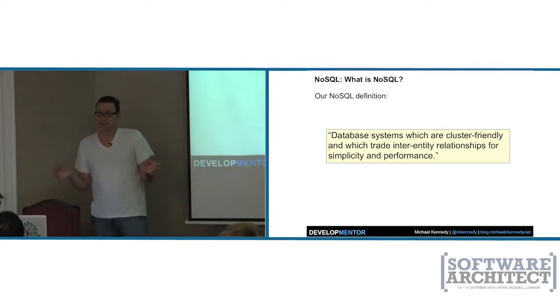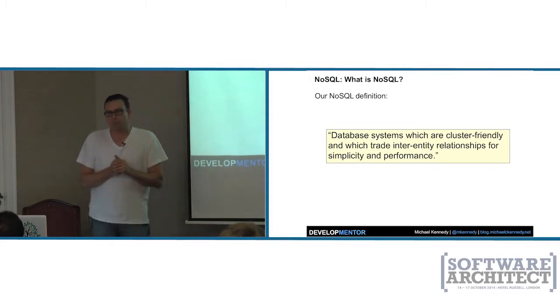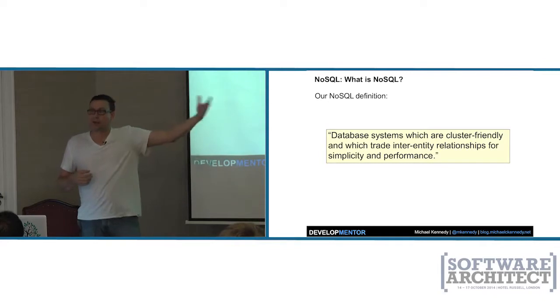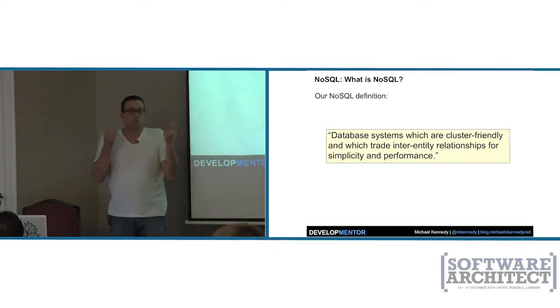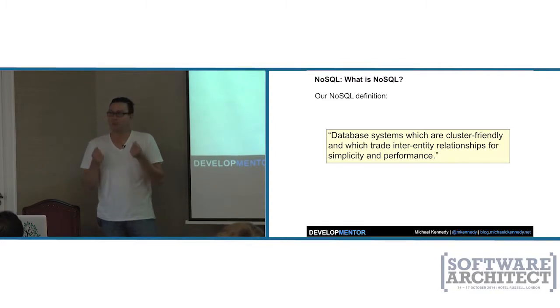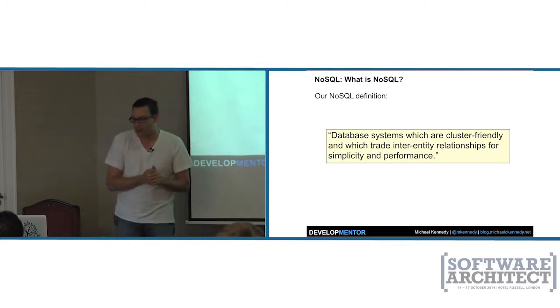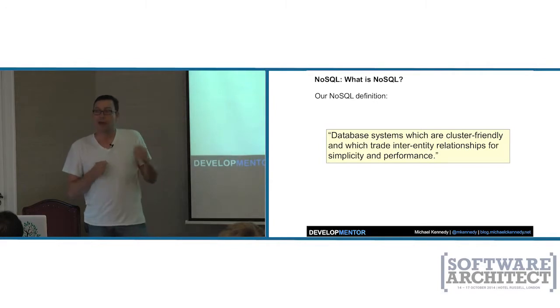With relational databases, you can do it, but it's very difficult, and a lot of that happens in the app. During this meeting, one of the attendees said we need a way to refer to this on Twitter, because that's how you have a legitimate meeting, if you can speak about it with a hashtag. So somebody came up with the term hash NoSQL, and that's where the term came from.